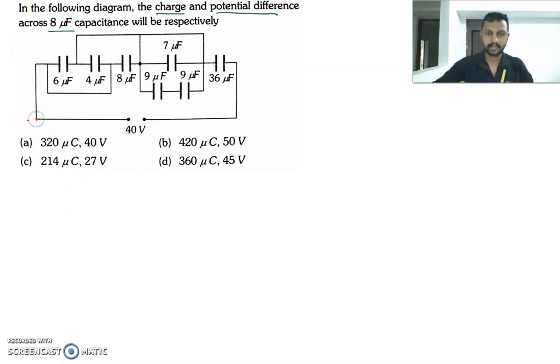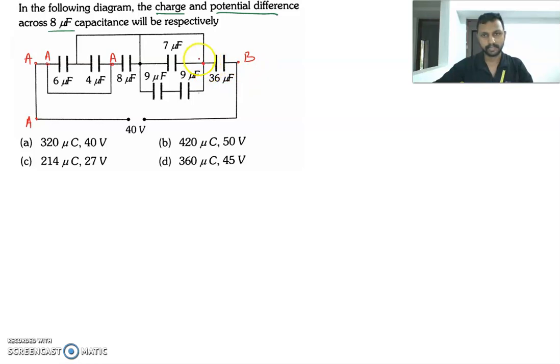That is, let's put this node as A. Therefore, this node is A, this node is A, this node is also A, since we didn't jump past any capacitor. Then if I am taking this point as P, we cannot say this point is P, because we have jumped past a capacitor.